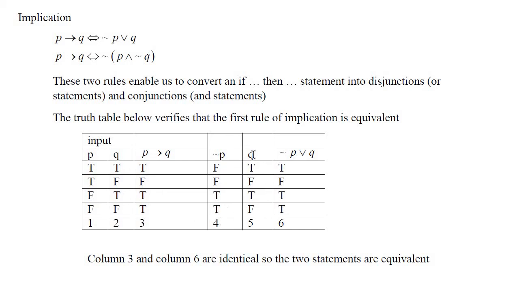So now I'm going to do my not P ORed with Q. So false ORed with true is true. False ORed with false is false. True ORed with true is true. And true ORed with false is true. So this column here for my not P or Q is exactly the same as my conditional. So I verified that these two statements are indeed equivalent.